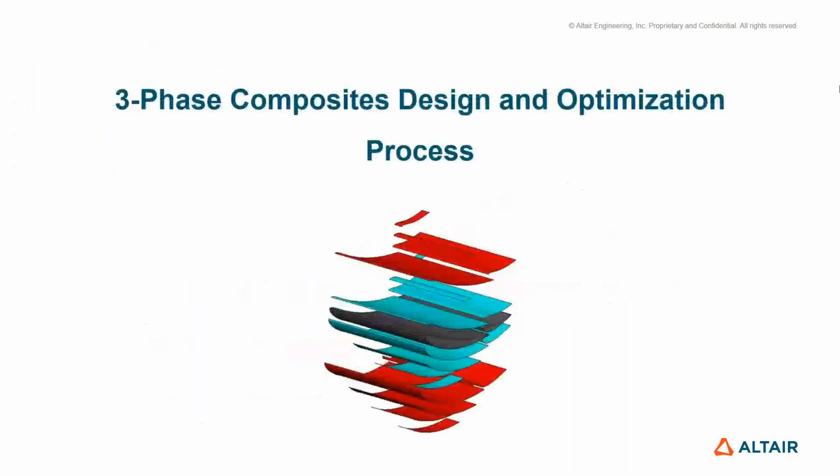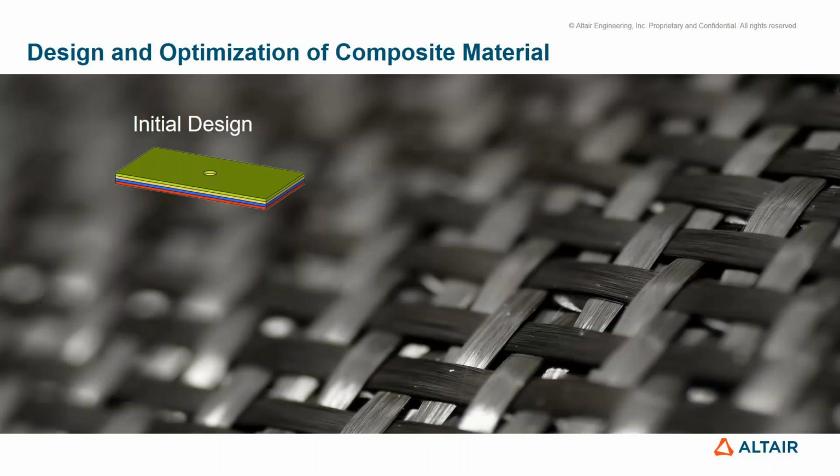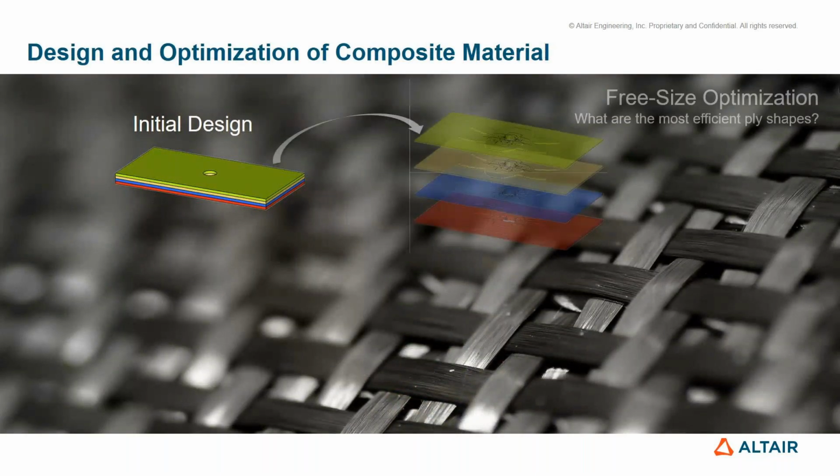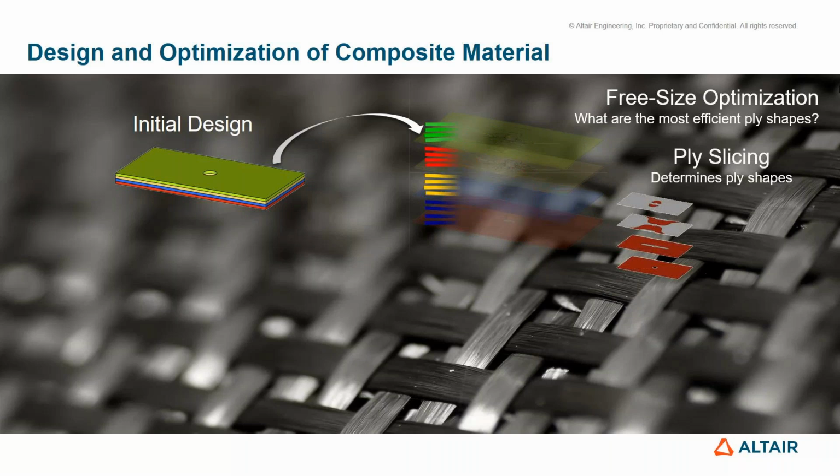Coming to composite optimization. If you want to optimize the composite laminate, then you can go for composite optimization. This is the initial design. The first step in composite optimization is free size optimization. After free size optimization, you will be performing ply sizing and slicing.